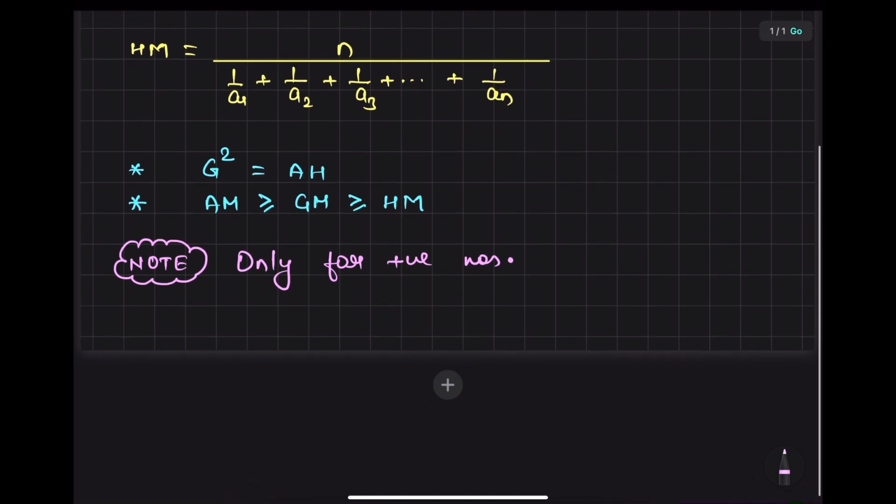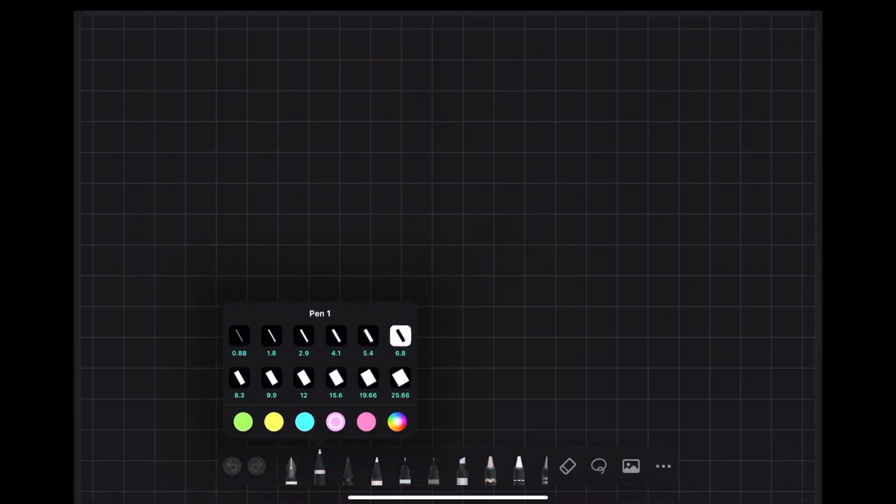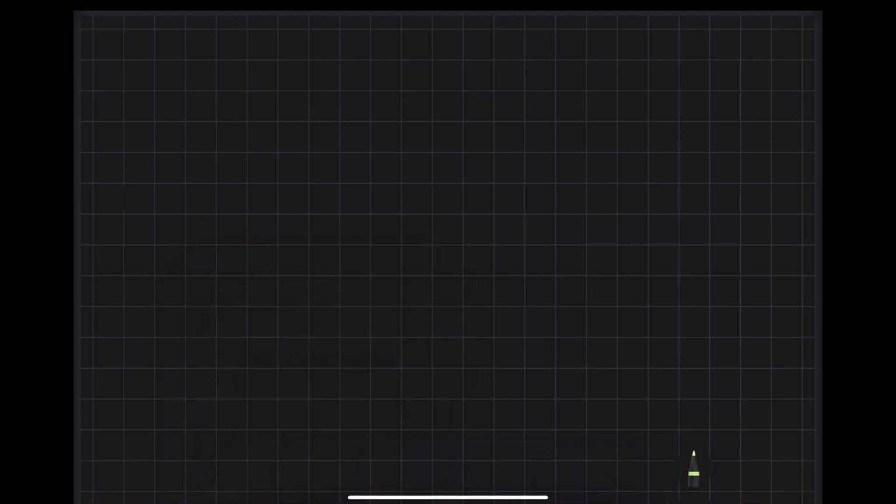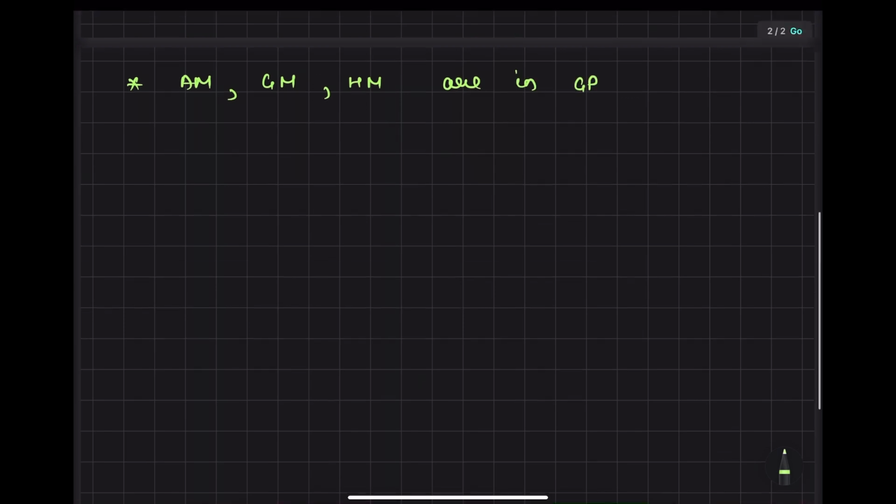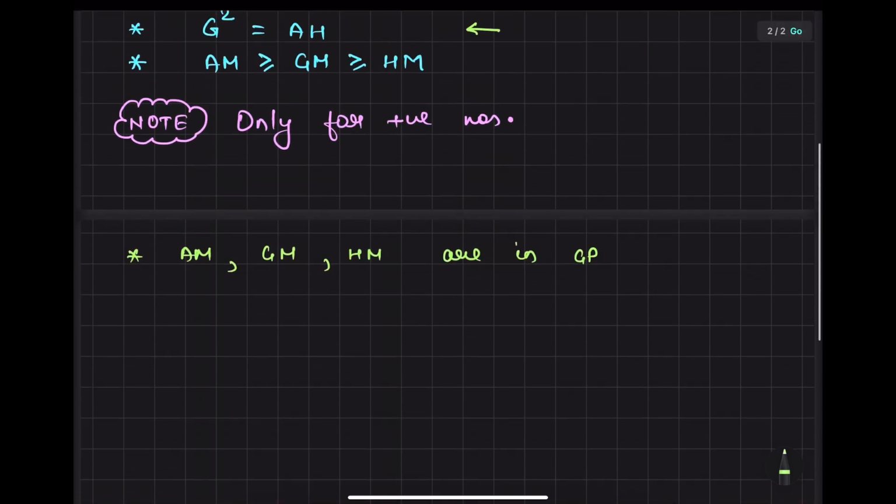Now look at this. Let us try to understand the first idea, where I told you that AM, GM and HM are in GP. This is the first statement that I have told you.